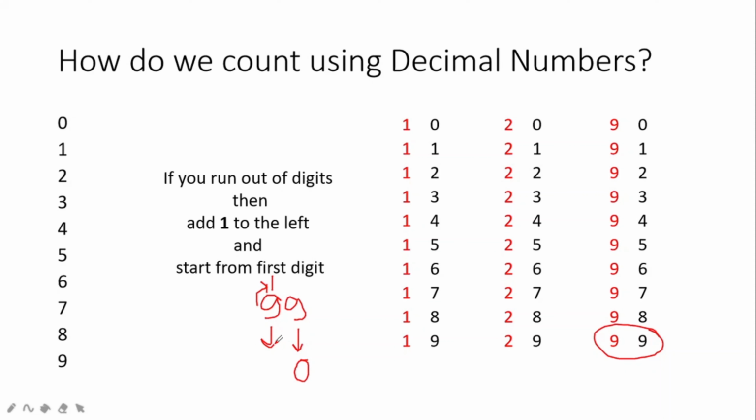Again 10. Now 0 will be here. Now we look at what is ahead of this 9. Is there any number here? No. So the 1 will be as it is. So 100 will be the next number after 99. And this goes on like 101, 102, 103 and so on. So this is how we count using decimal numbers.